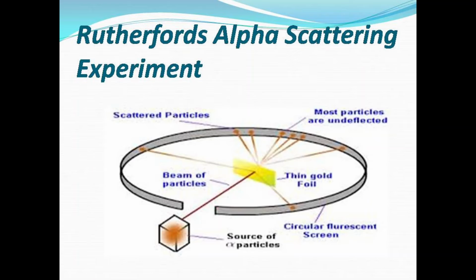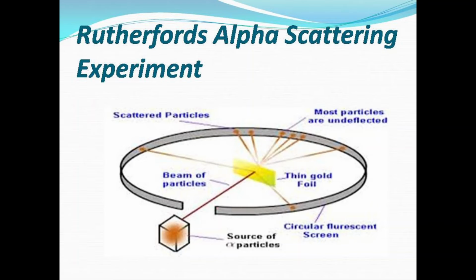In the alpha scattering experiment, Rutherford took a very thin gold foil and bombarded alpha particles on it. Here, bombarded means constant striking. These alpha particles were released from a radioactive element and passed through the gold foil. The gold foil is the same as aluminium foil, but it was made of gold.